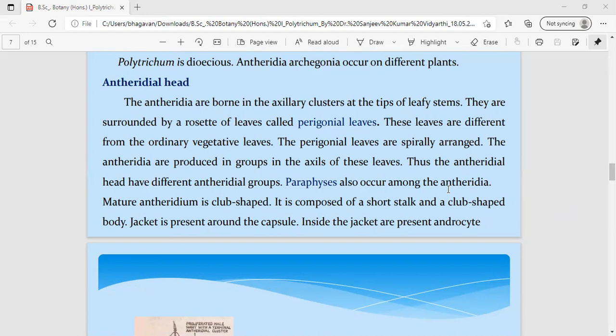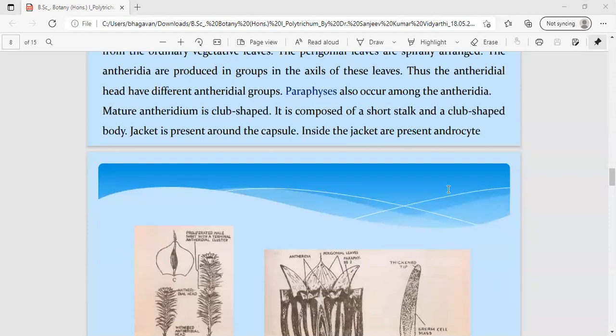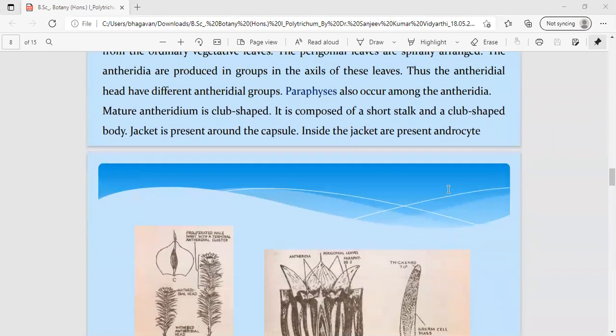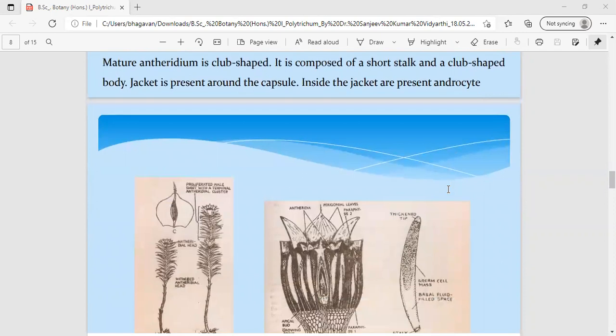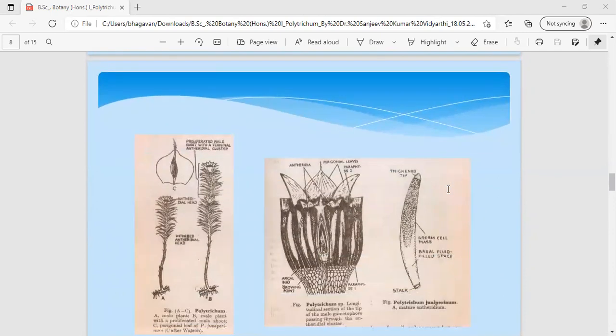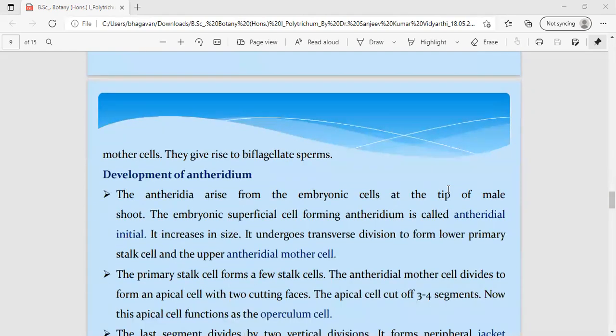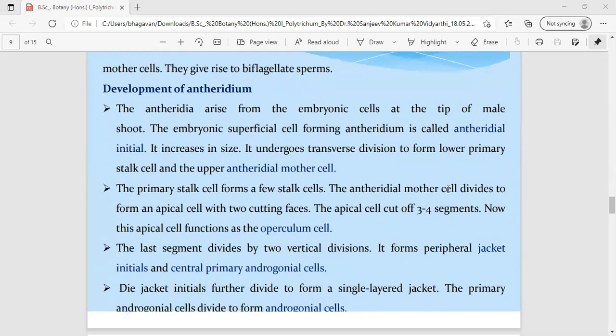Along with the antheridia, we can also see the development of paraphyses, which are hygroscopic in nature, absorb water and are helpful for dispersal of the male gametes, the so-called antherozoids. So this is regarding the antheridial head on the male plant.